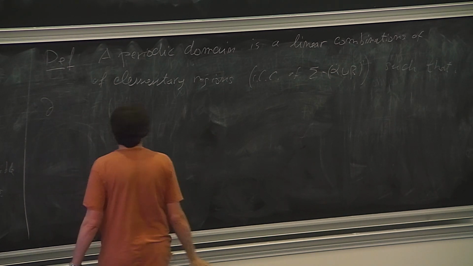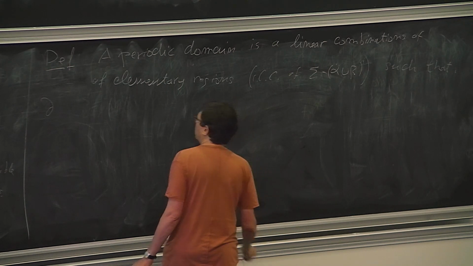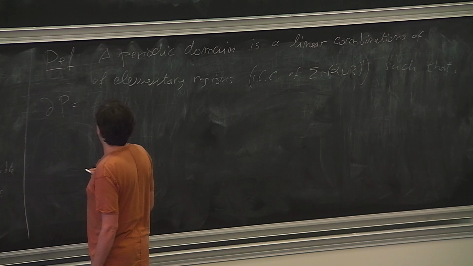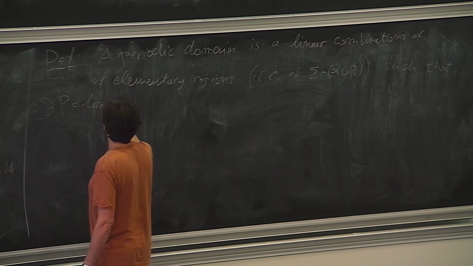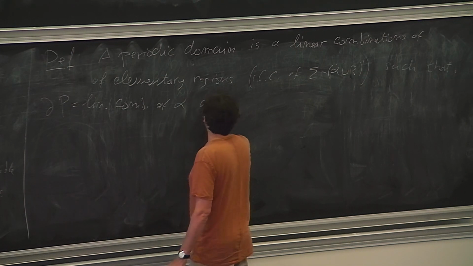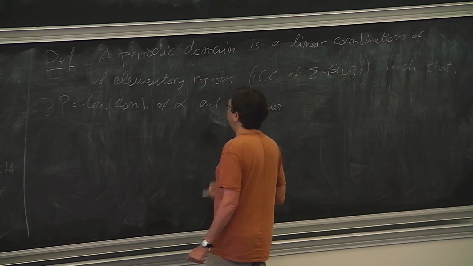Such that the boundary of P, the periodic domain, is equal to a linear combination of alpha and beta curves.